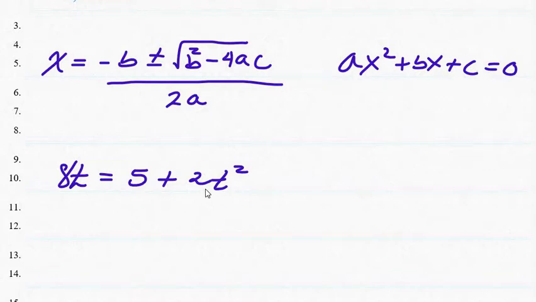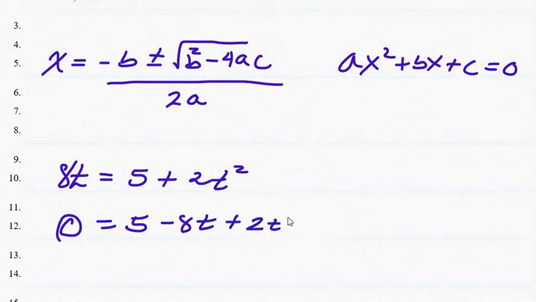So what I'm going to do is take this 8t over to the right hand side. That's going to make it a negative 8t plus 2t squared. In other words, we subtracted 8t from both sides.